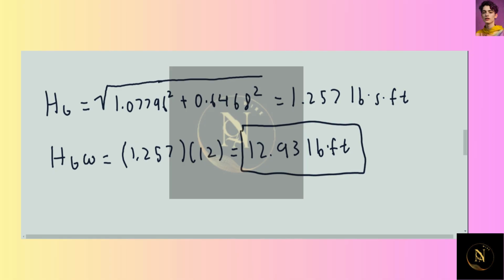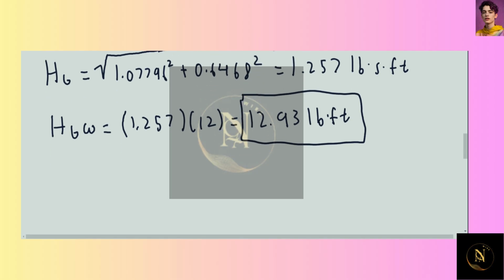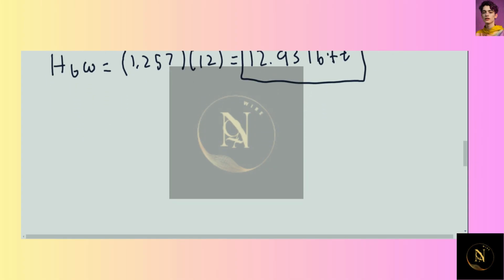And now for the angle between h of g and the axis AB, we can say that the cosine of theta is equal to hg dot the angular velocity divided by those magnitudes multiplied by each other.